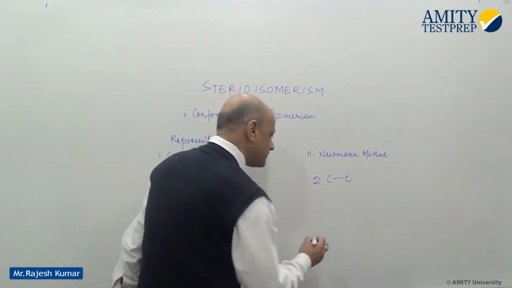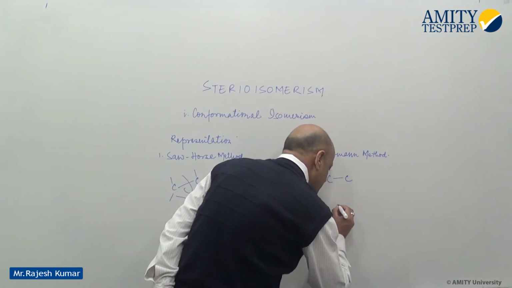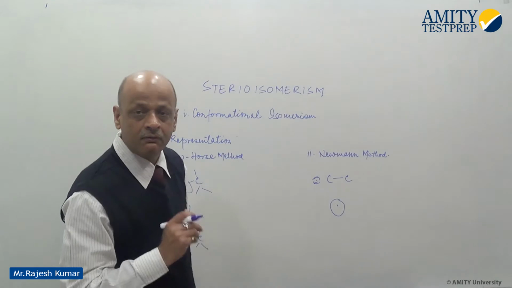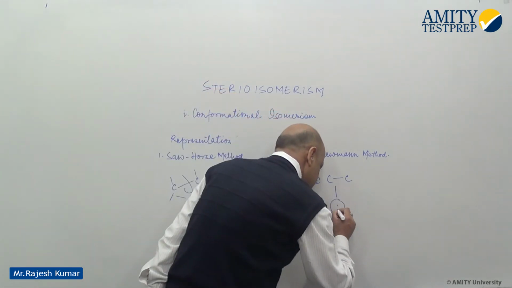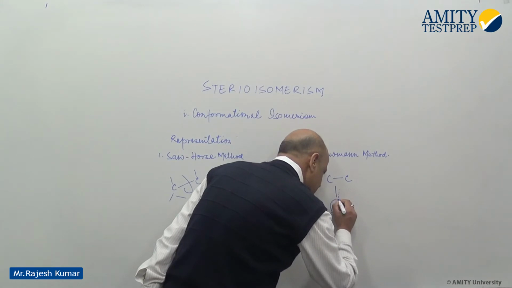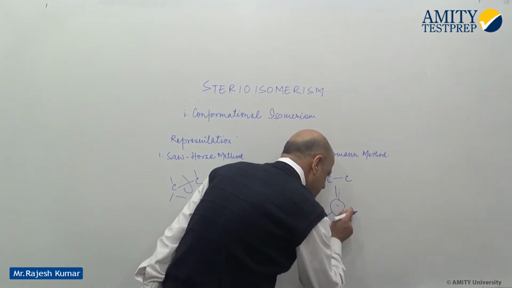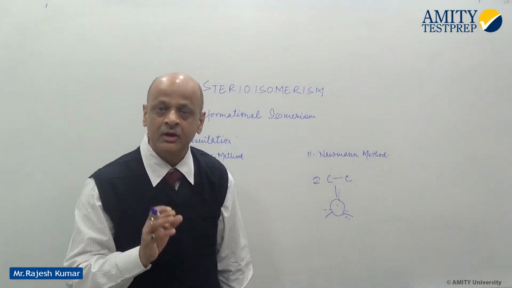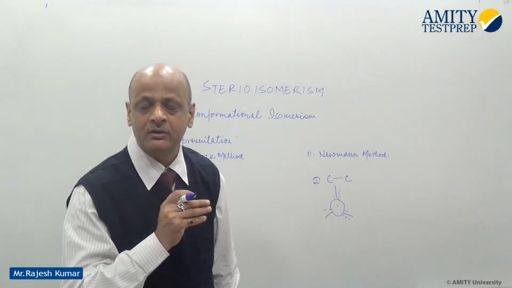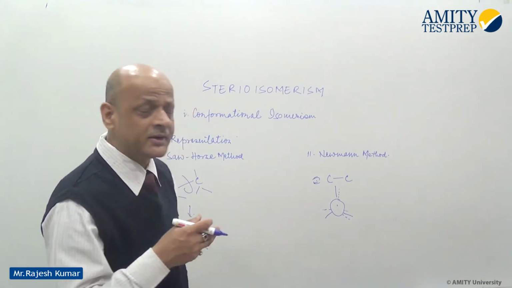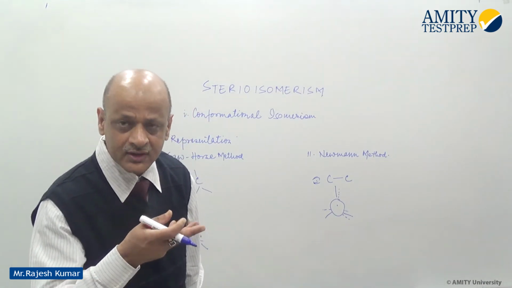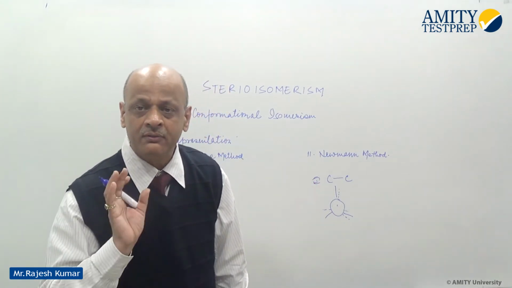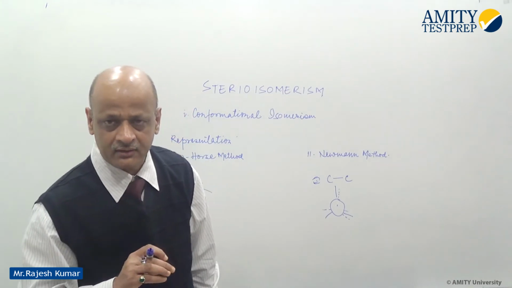Here this dot is the last carbon, and this circle represents the front carbon. So it is going to be represented like this, and also like this. In the Sawhorse method, the molecule is viewed across the bond from the side. But in the Newman method, the molecule is observed from the front, along the bond.